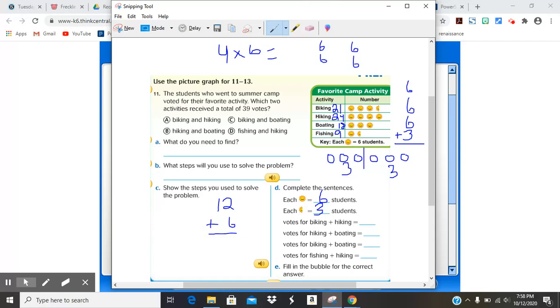So now I need to come down here and look at the different numbers that it's wanting me to look at. This one wants me to look at biking and hiking, and I'm looking for the one that has 39 votes. So if I look at biking and hiking, I see that that's going to be 21 plus 24.